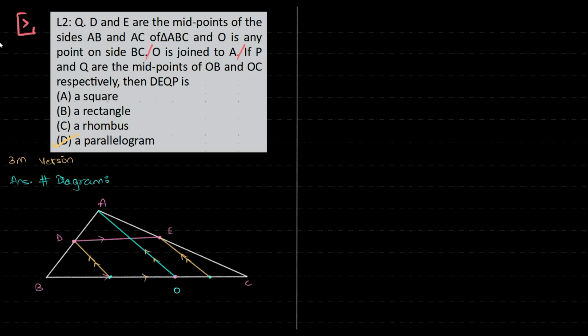So let me start off with the working. First, in triangle ABC, we have D and E being the midpoints of AB and AC. So this implies DE is parallel to BC.